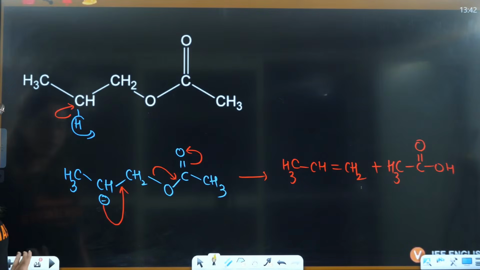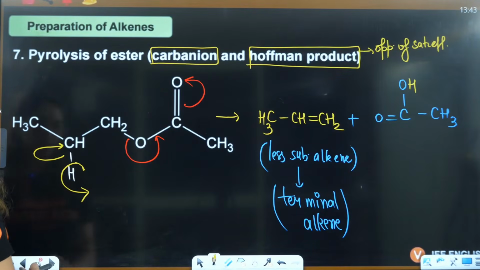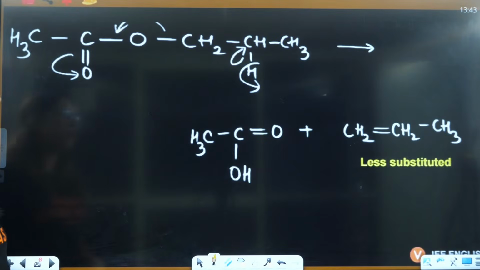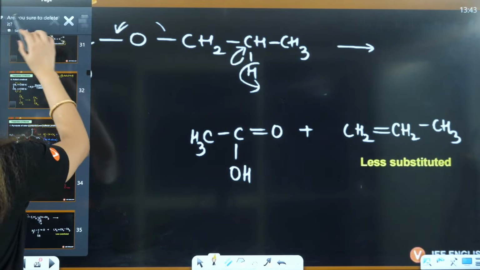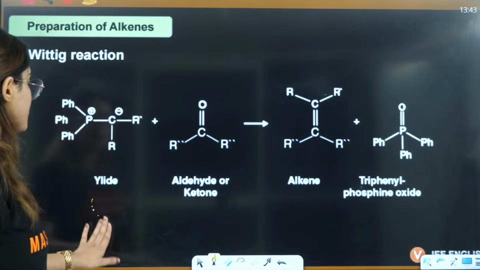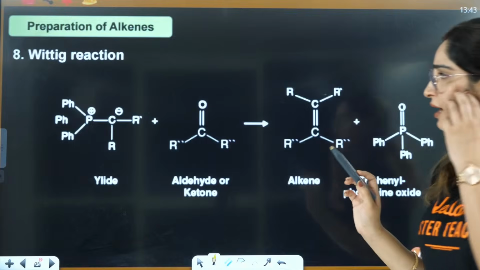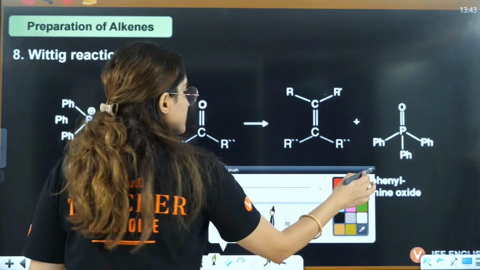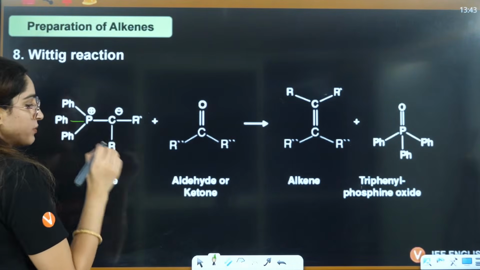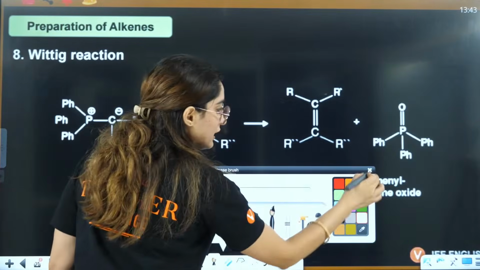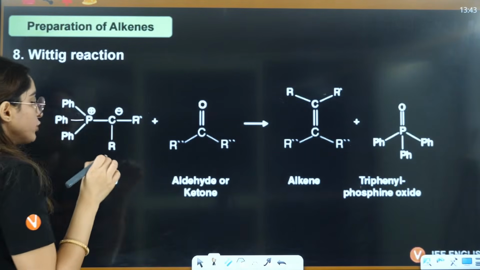Now understood what is happening here, what we are doing here, right? Now, this we have done, and now let's see the next one, that is Wittig reaction. Now in Wittig reaction, just directly know what is the reactant and what product will be formed. So in Wittig reaction, you have ylide.